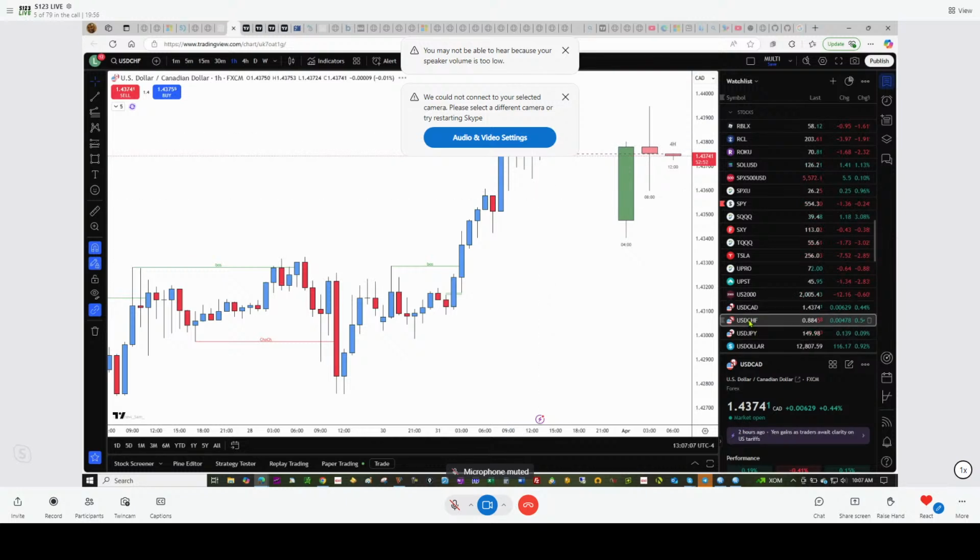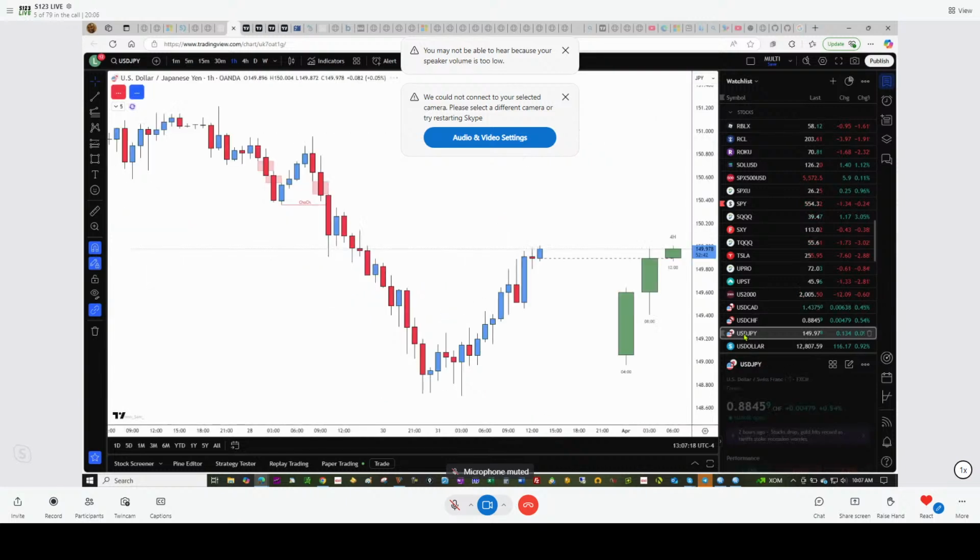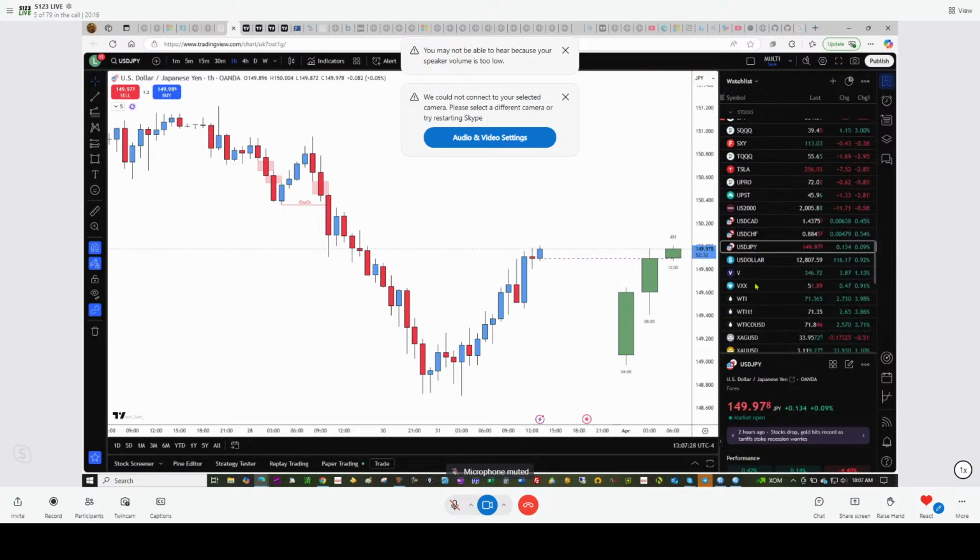USD Swiss, which should be slightly weak. And it's US dollars versus the Swiss is not so weak at the current. It's neutral. USD JPY should be weak, and it's not. It's very strong. So these two are basically bucking the trend based on the weakness of the US dollar.